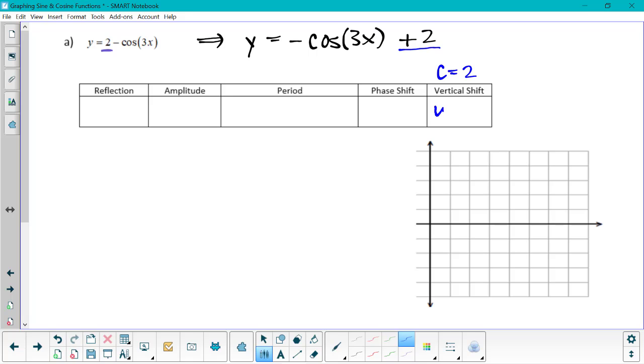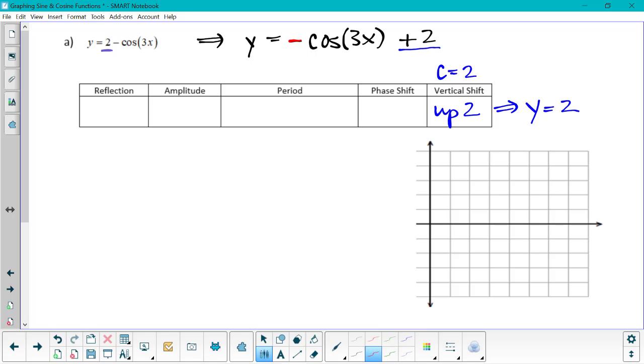So we're going to shift up 2 units, which means our midline is the line y equals 2. So we will use that location to go up and down to the max and min when we go to graph.